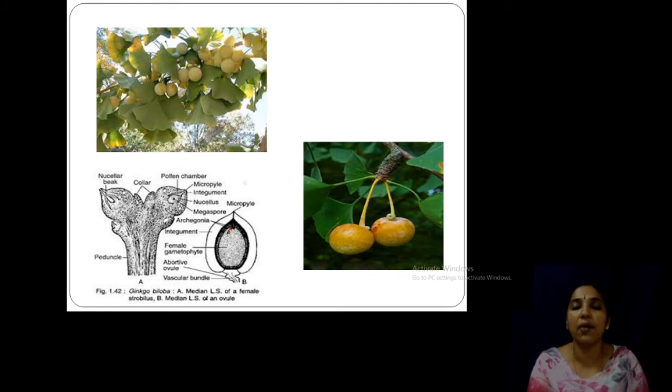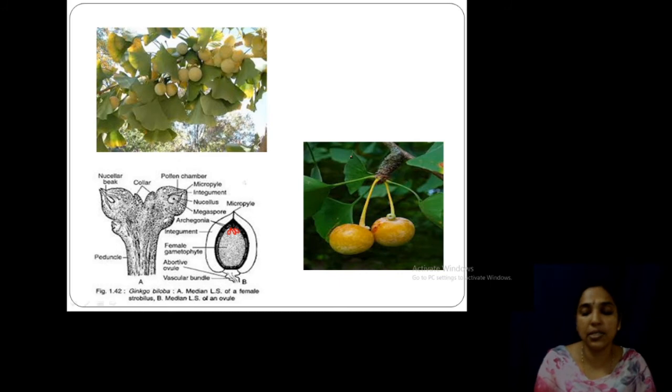Archegonia develop at this region like this, and this is the integument. The integument is not that much differentiated, and the nucellus is at the center. This is the female gametophyte; this is the initial stage in the nucellus, having a pollen chamber, and a small micropyle is present. That is the atropous ovule with a nucellar beak and two ovules, of which one, the abortive one, you can see on the side, and the other becomes enlarged.